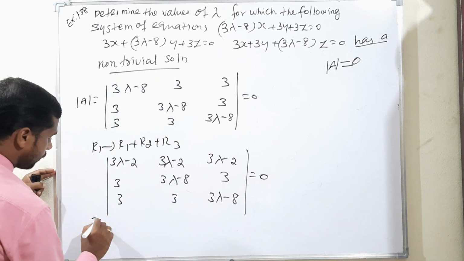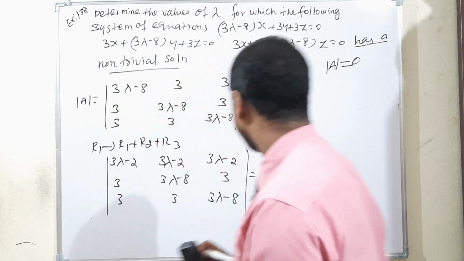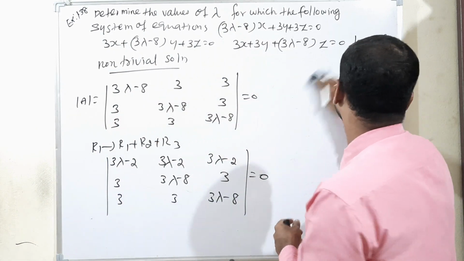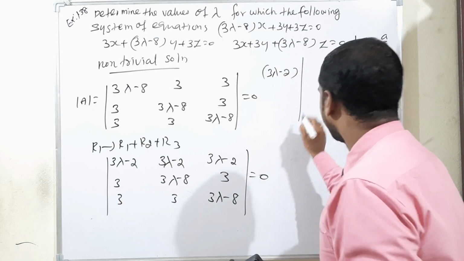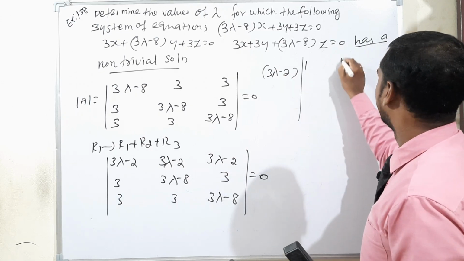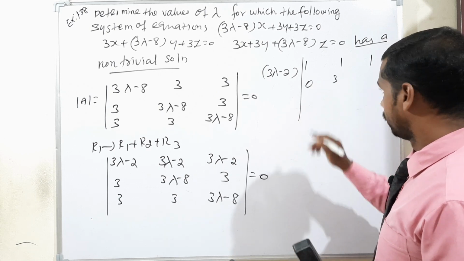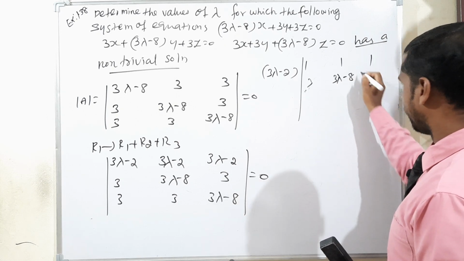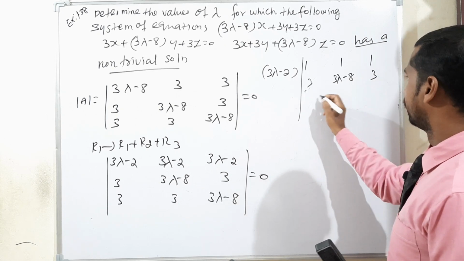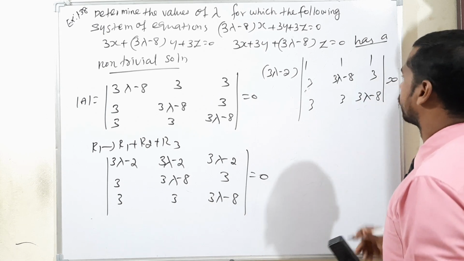Taking 3 lambda minus 2 common outside, what will happen? The rows become 1, 1, 1, then 3, 3 lambda minus 8, 3, and 3, 3, 3 lambda minus 8, equal to 0.